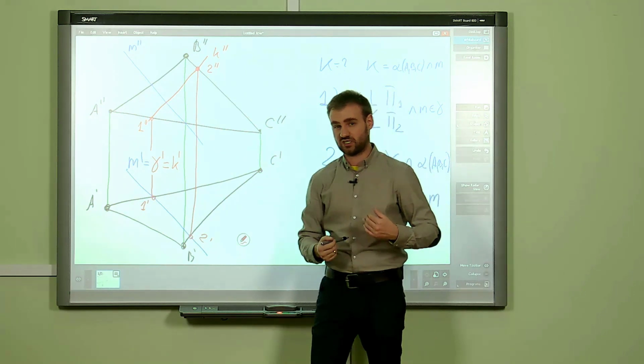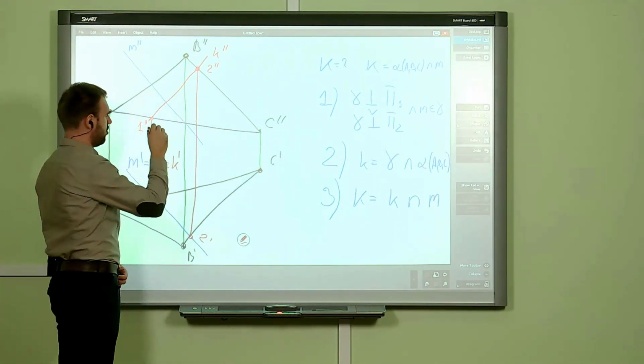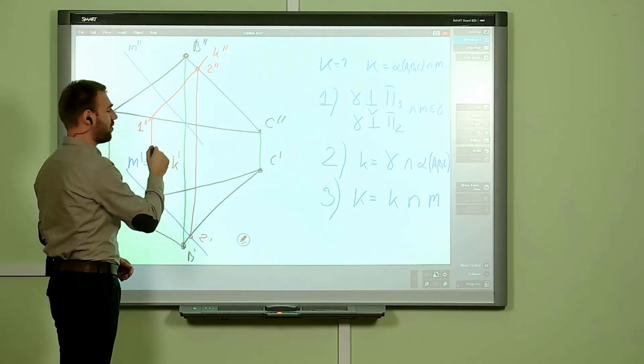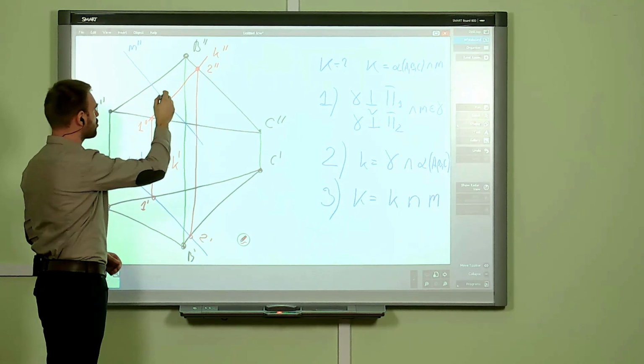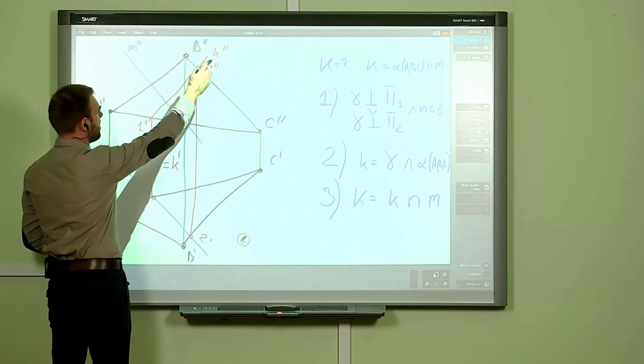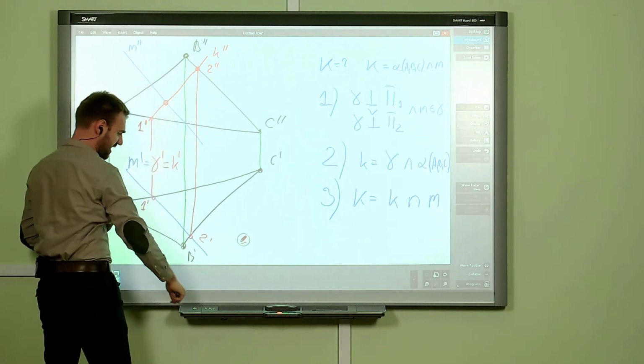But on the second projection, I mean the elevation projection, it's quite easy, because it's at that point where the elevation projection of the line M crosses the elevation projection K double prime. It means exactly here.